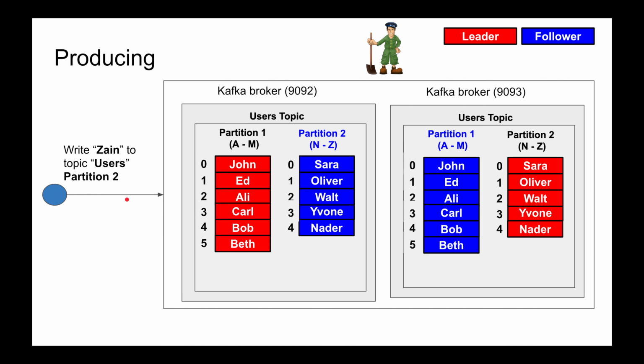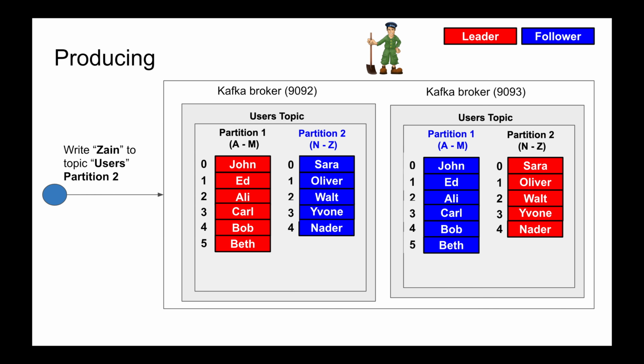And then we'll shove that information, saying, hey, I want to write to that. I have no idea who's the leader. And here's what I am not sure about, and someone can correct me in the comment section. I'm not sure if the producer is aware of who is the partition leader, because you have to write to the leader. You cannot write to a follower. You can only read from a follower.